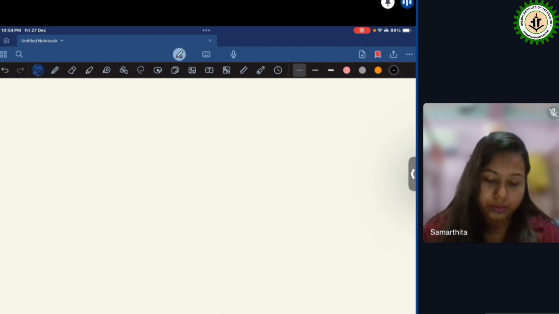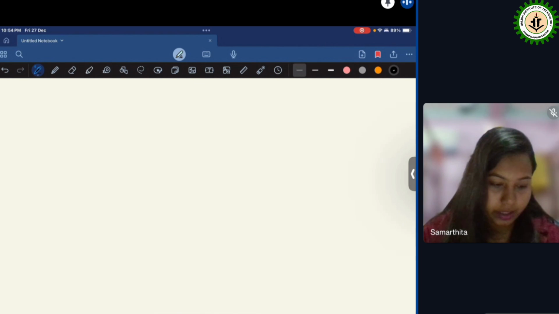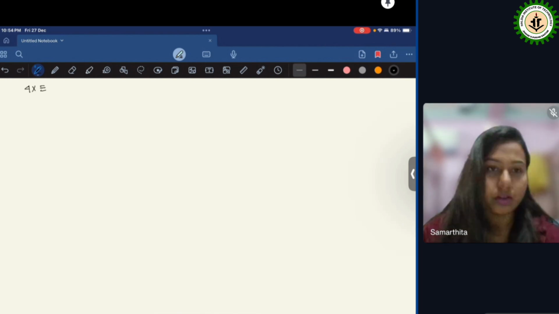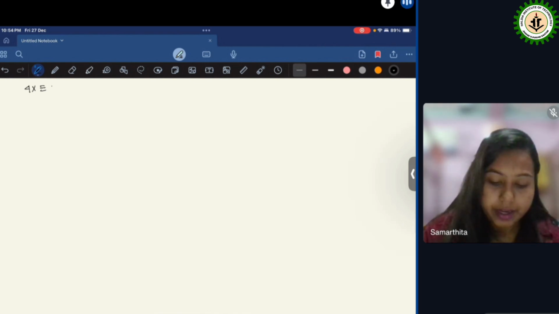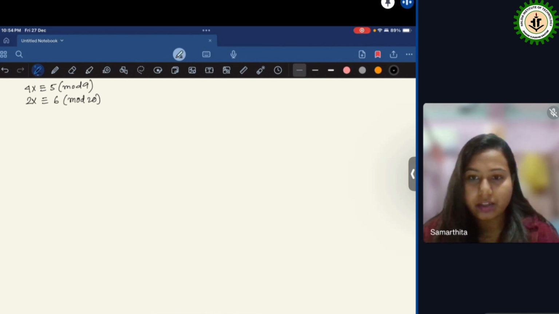Right. So the second example actually looks like 4x congruent to 5 mod 9 and 2x congruent to 6 mod 20. Okay, see, these equations are not looking like our standard equation, right?